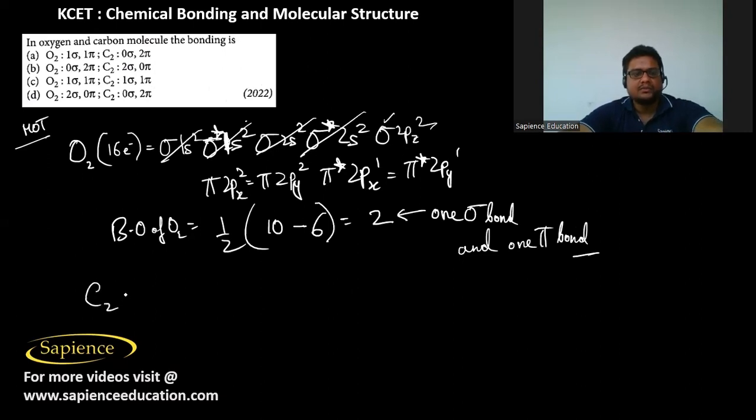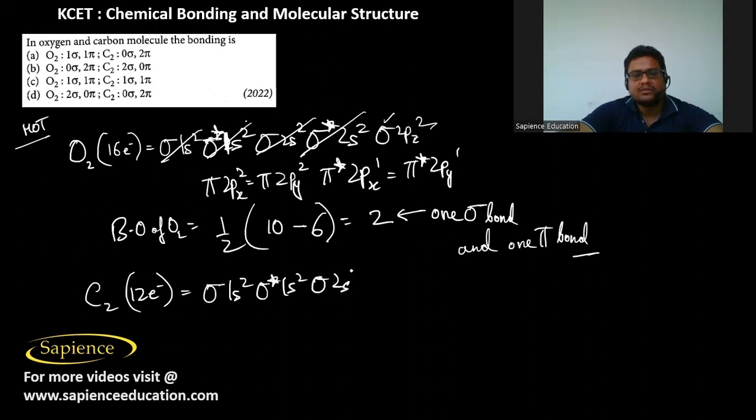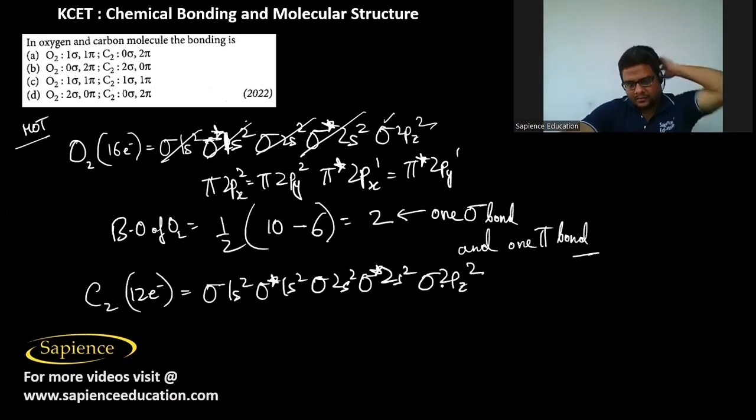But in case of C2 molecule, here we have got 12 electrons. So if we write the molecular electronic configuration of this, then it will be sigma 1s2, sigma star 1s2, sigma 2s2, sigma star 2s2.